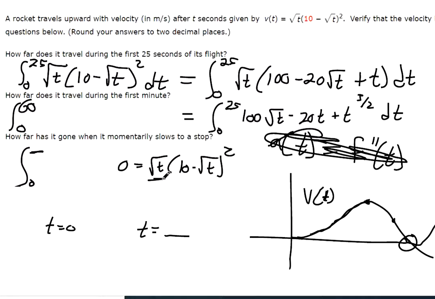You want to set each piece equal to 0, so set this piece equal to 0 and solve. So you've got 10 minus the square root of t, still squared, equals 0. Solve this equation. That will tell you when it's momentarily stopped, and then you'll plug that value in here and integrate just like we did before, and that will tell you how far it has traveled.